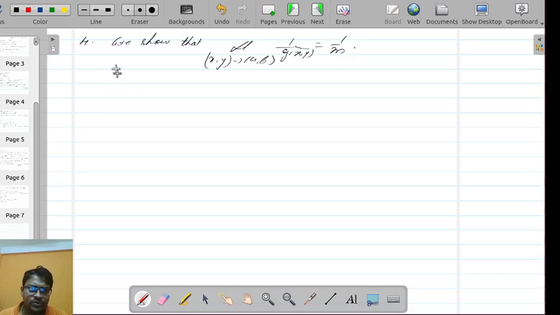Then we can use the third result. We can also do it independently, that's not a problem. So we show that this is equal to 1 divided by m. Since g of xy is actually greater than 0 for all xy.